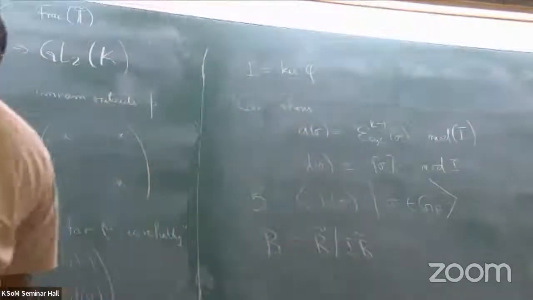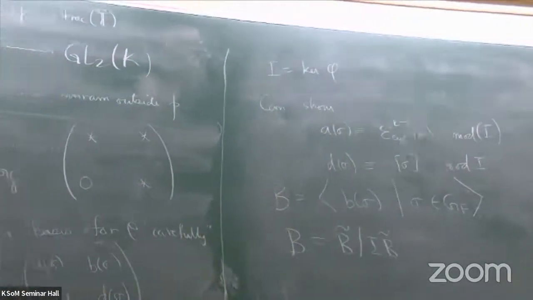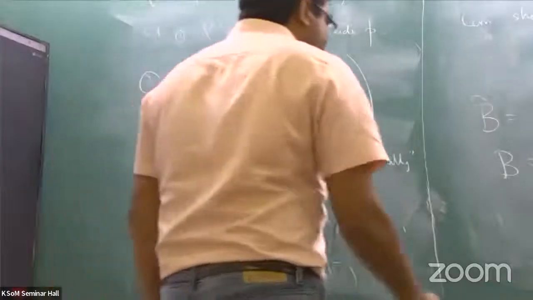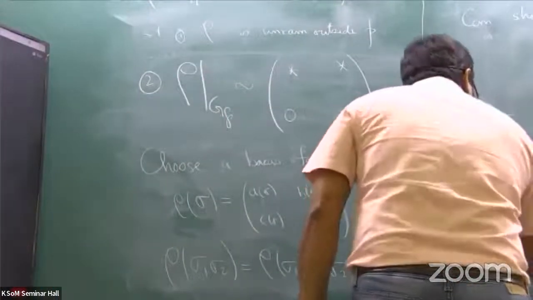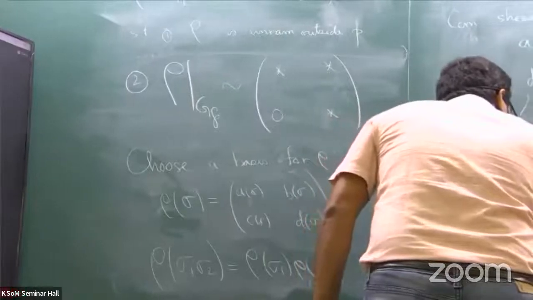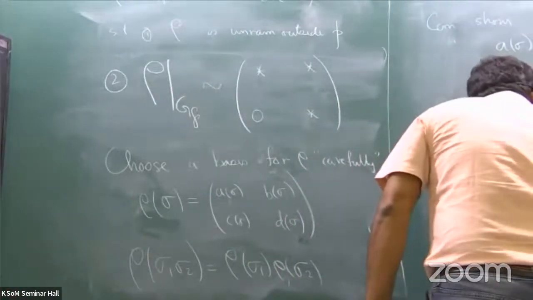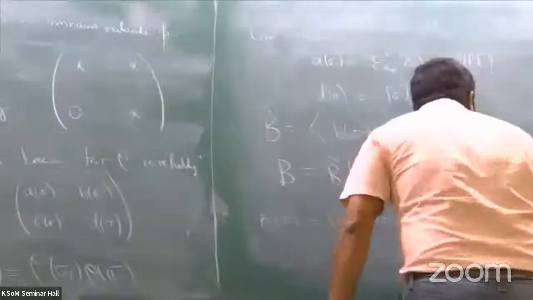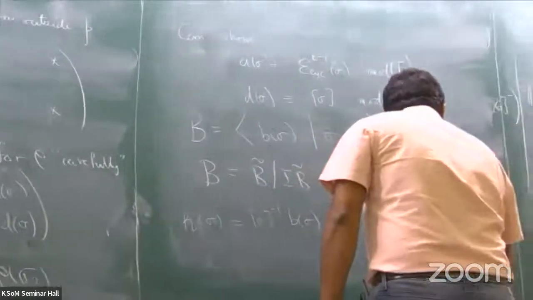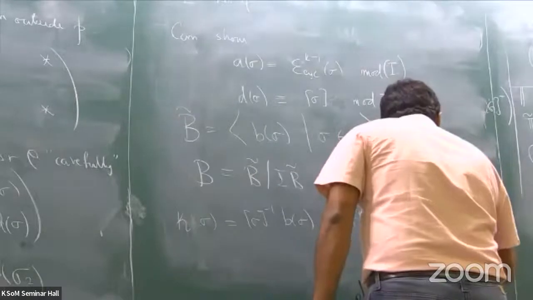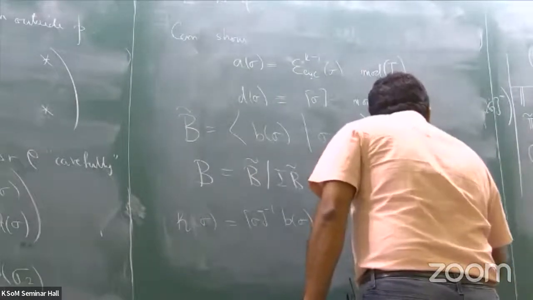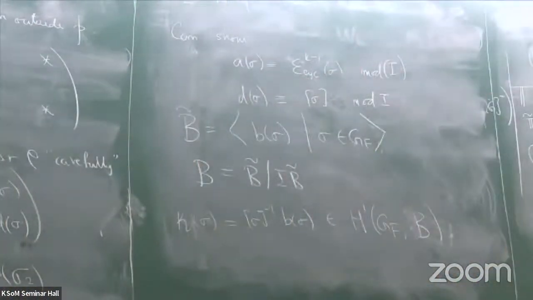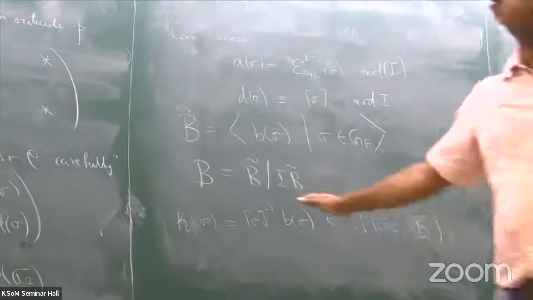So if you just write down what this means for B, then you can show that your kernel of sigma, this is sigma inverse B sigma, actually turns out to be an element in H1 here, B tilde modulo I. So it actually turns out to be an element here, and then you show this is the element that you wanted.